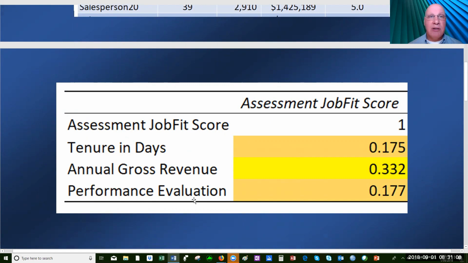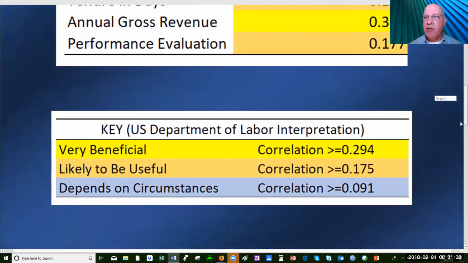Now, there are different levels or grades of correlation, and we have yellow being the highest grade. That's with annual gross revenue, which is great, but we have different colors for tenure in days and performance evaluation because the magnitude of those correlations are not as high as with gross annual revenue.